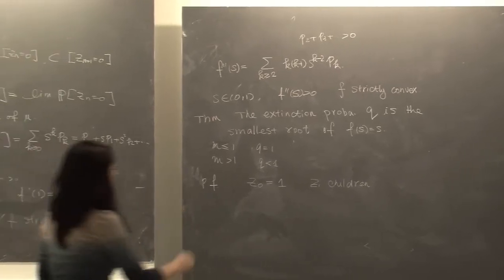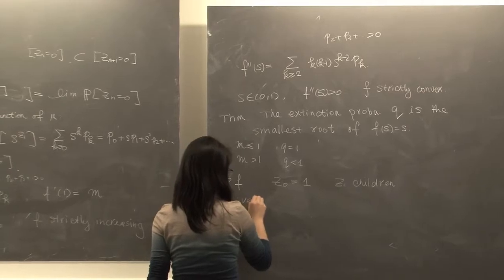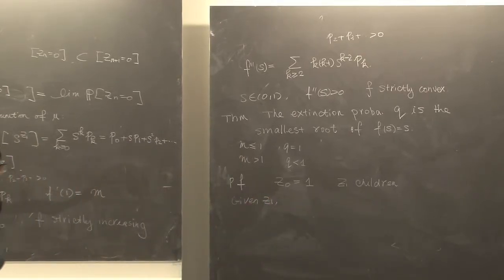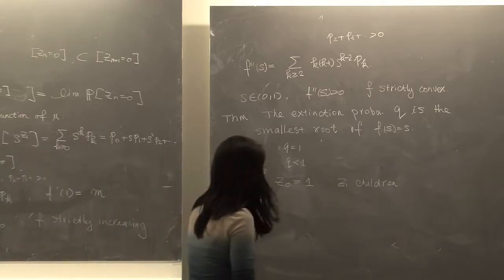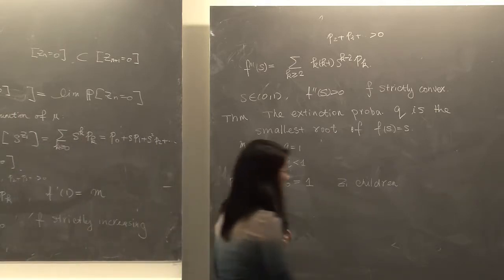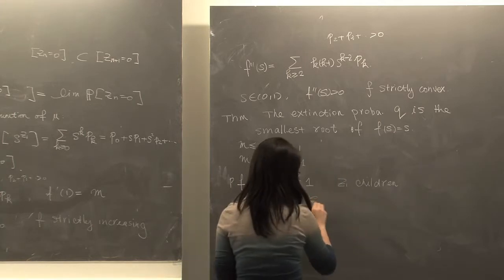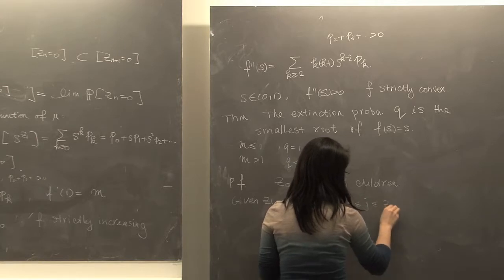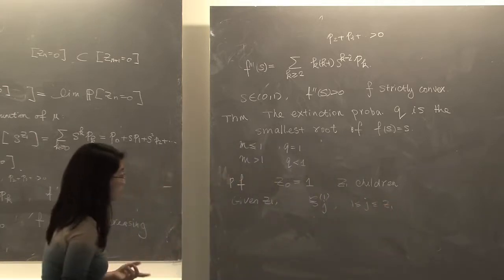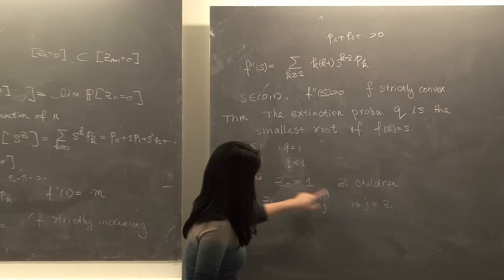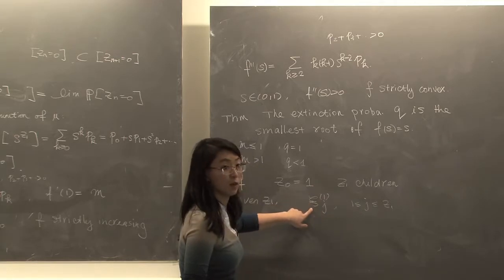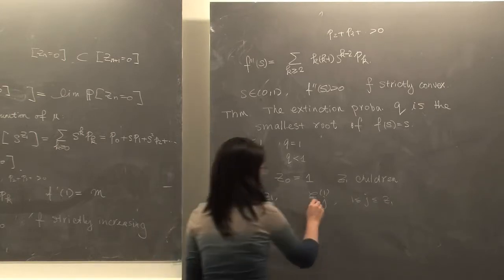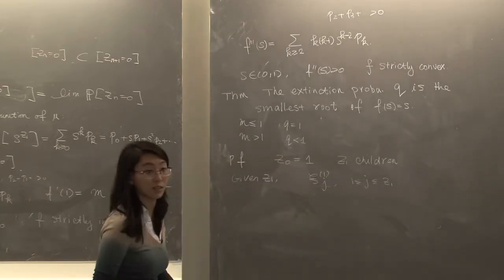And then given Z1, we know that each particle has a random number of children, and the law is sampled according to mu. For each particle in the first generation, each one of them has a random number of children, and they are IID. And all these children give us the second generation.